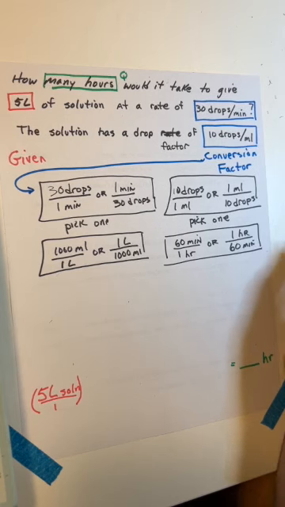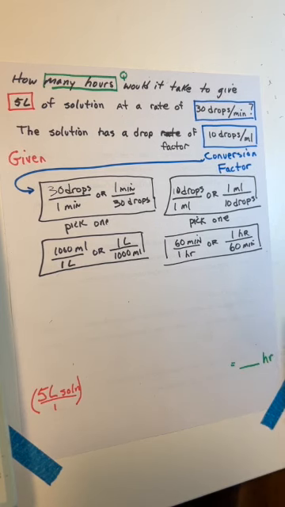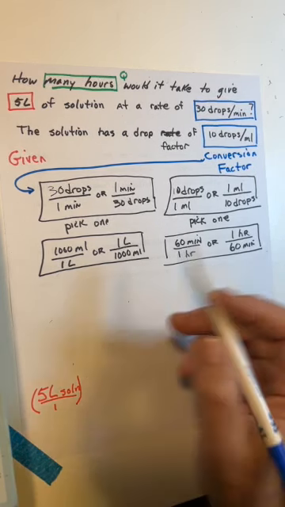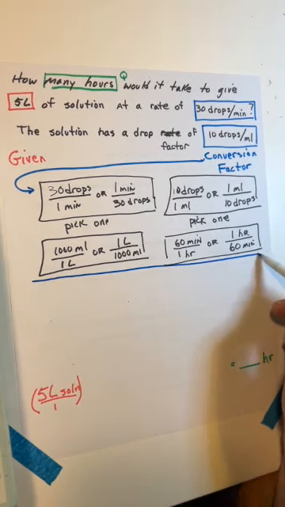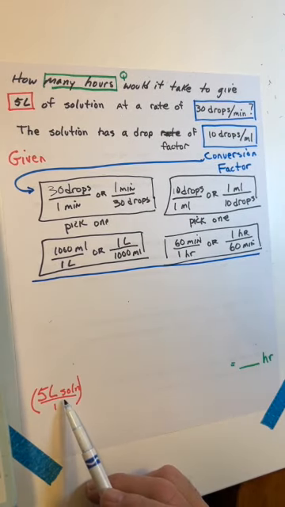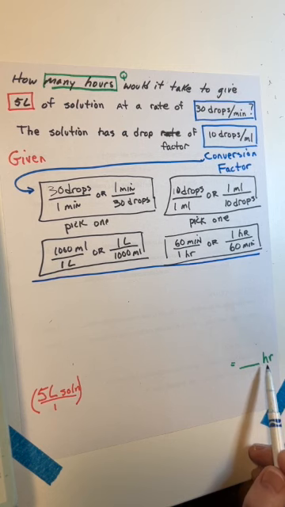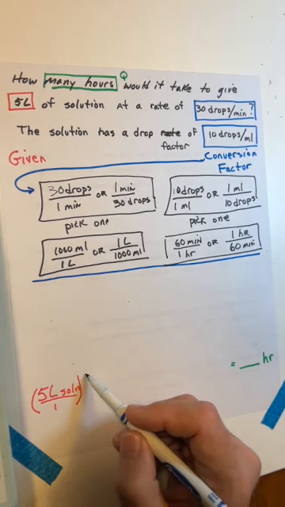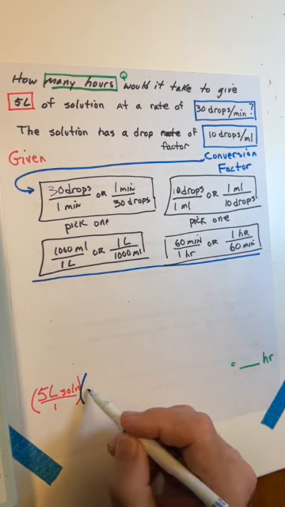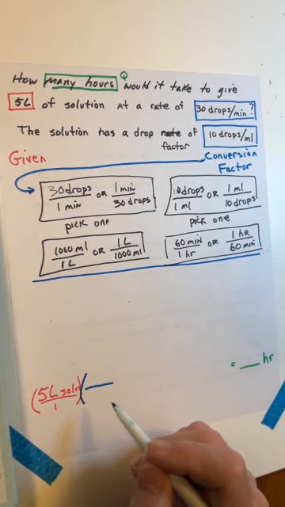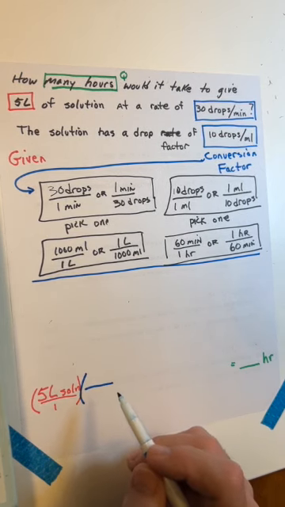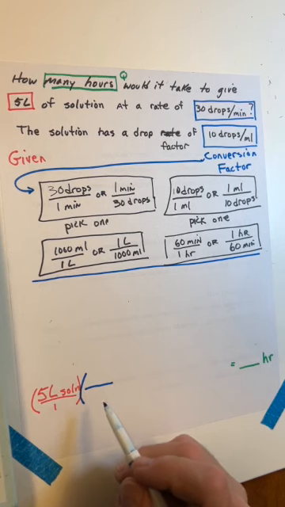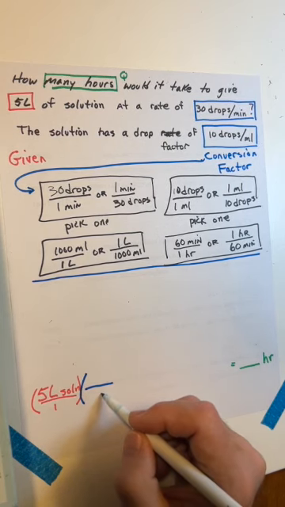Now, I think the cool thing about this problem is if you did step A and then you did step B, this word right here will tell you which common term is next.